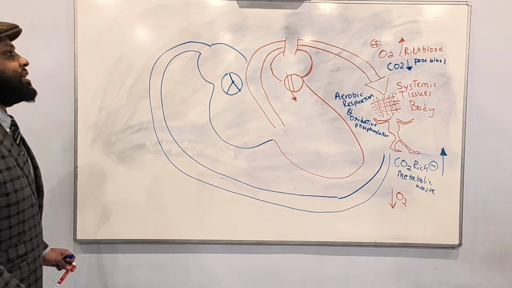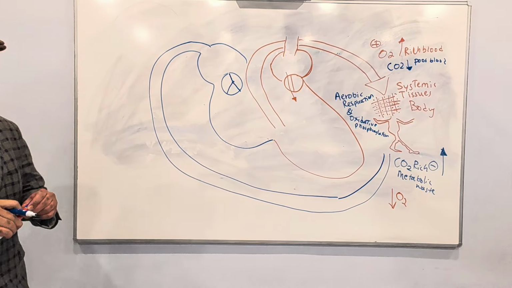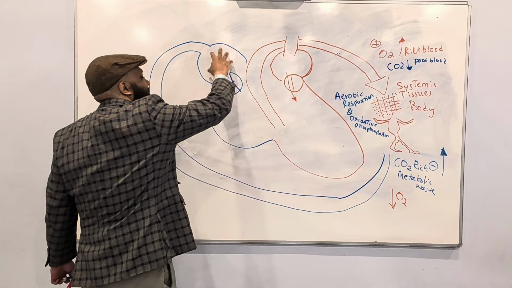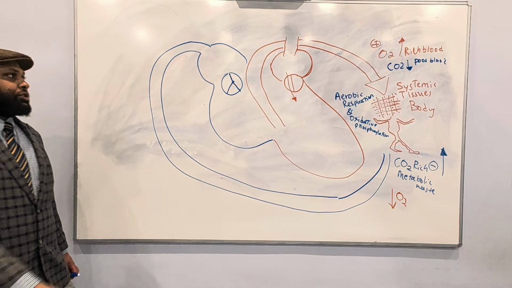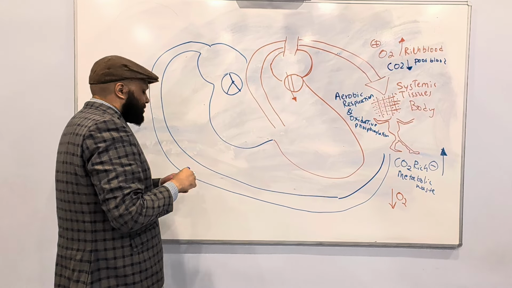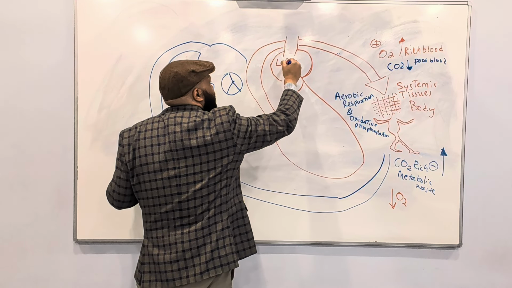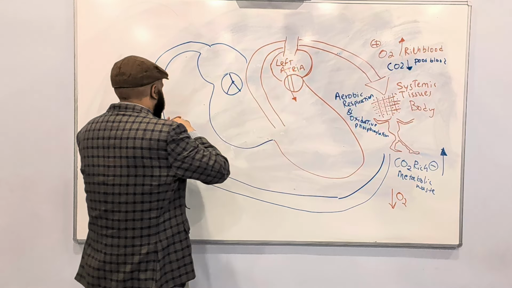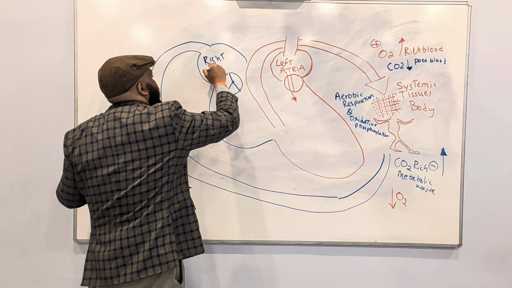So now let us stop here for a minute. You now have two upper chambers and two lower chambers. Do you see them? The two upper chambers are called the left atria and the right atria.